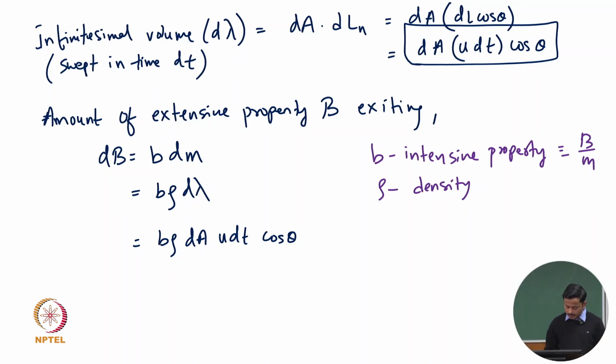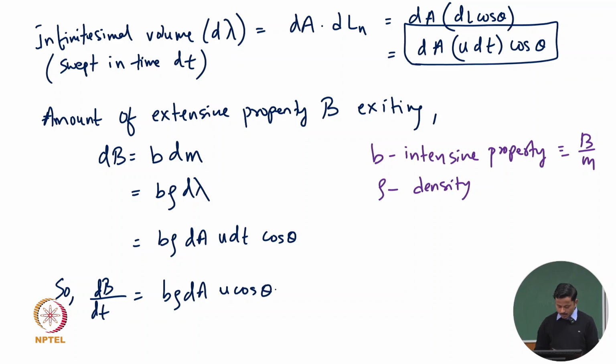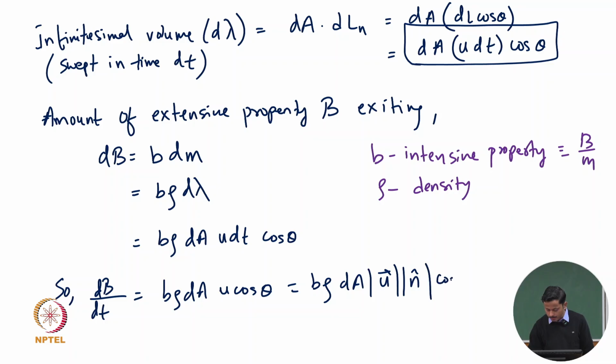So once we have this, dB by dt is equal to b rho dA u cos theta, and this is b rho dA, the magnitude of u, the magnitude of n cap, cos theta.